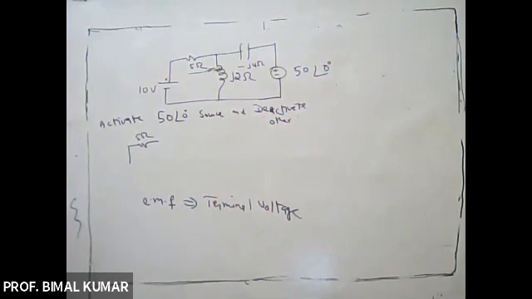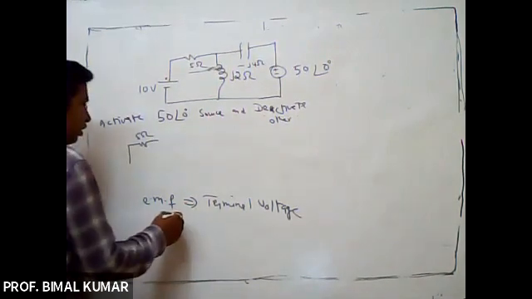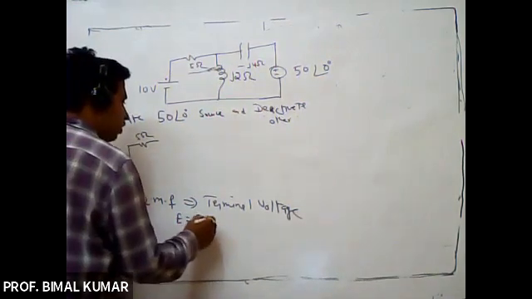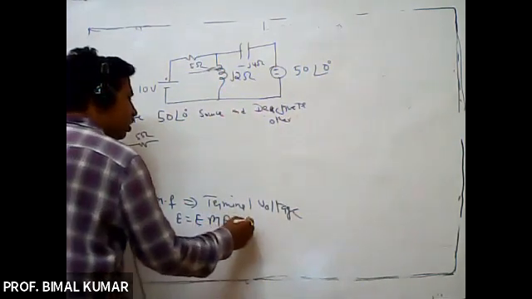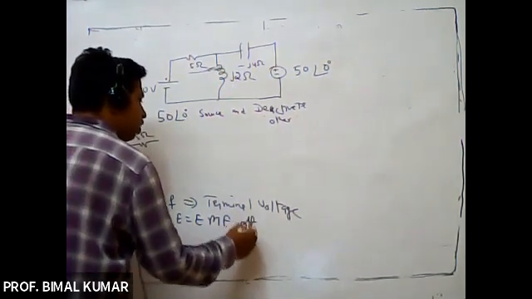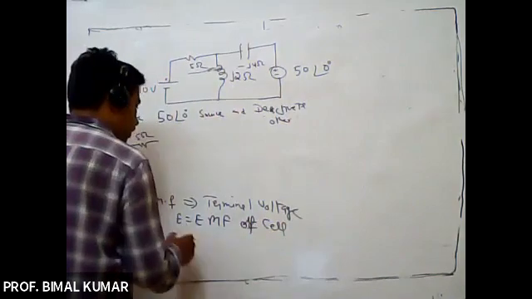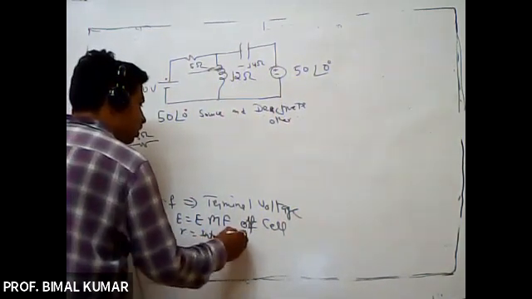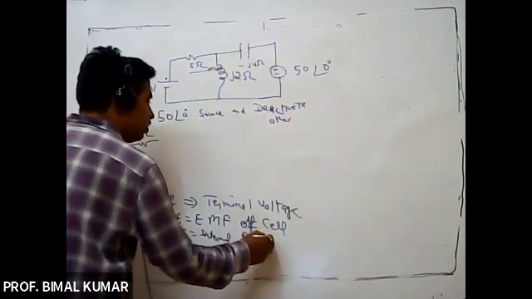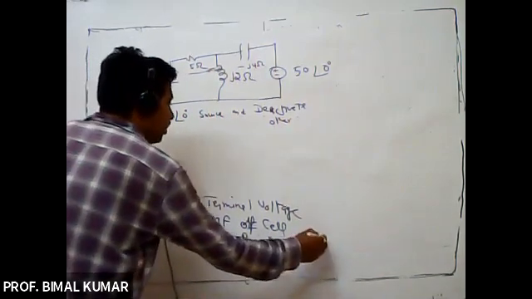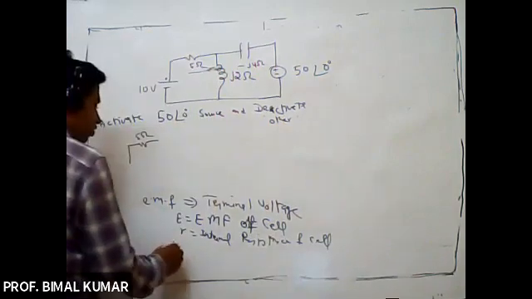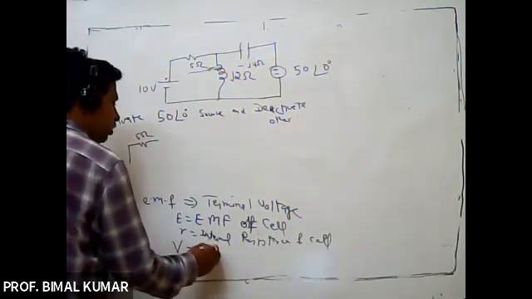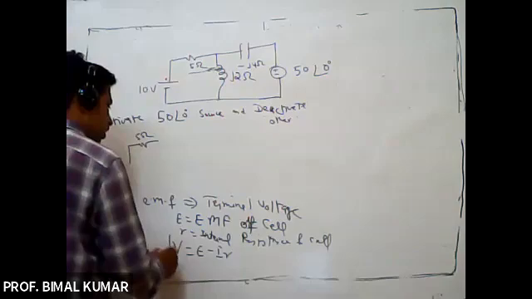If E is the EMF of the cell, and small r is the internal resistance of the cell, then terminal voltage is equal to E minus Ir, right?